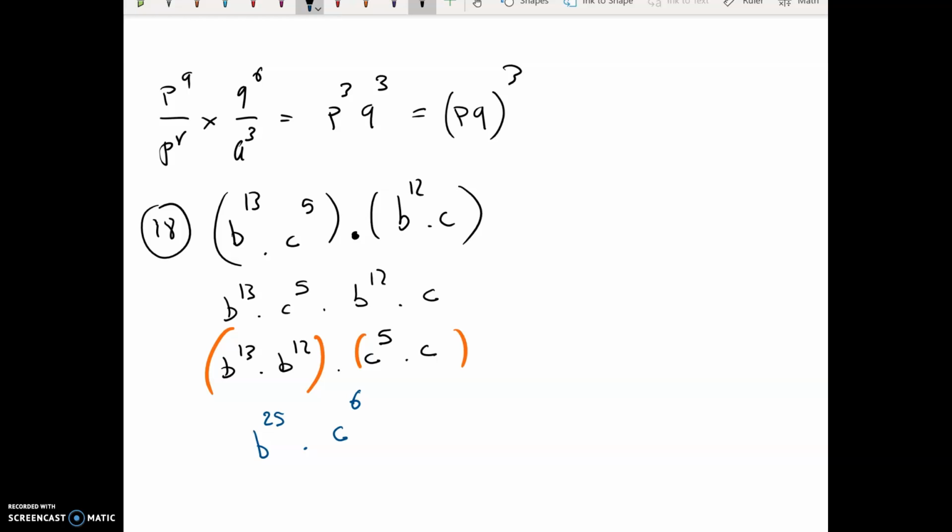Let me try to recapitulate a few of them on the side right here. You got a to the n times a to the m, same base. You need to add the exponents. One over a to the n equals a to the negative n.